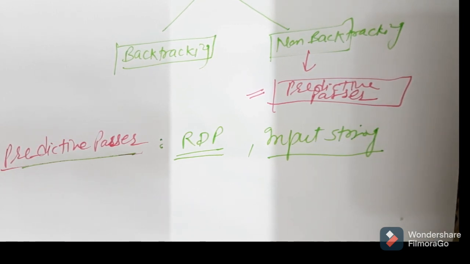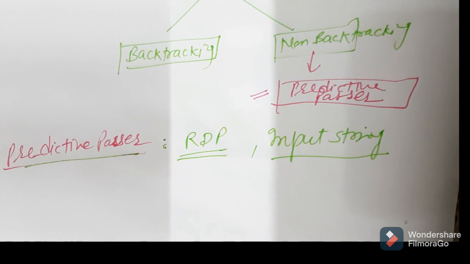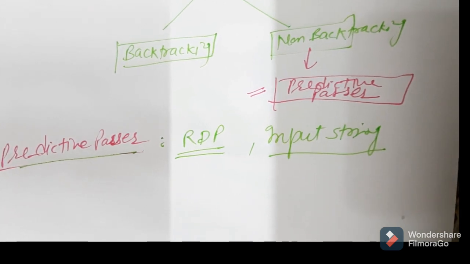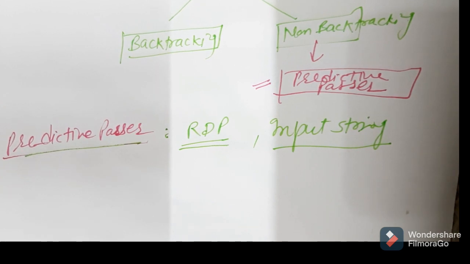The predictive parser, as I have told, does not suffer backtracking. As we know, backtracking is very expensive, so we should avoid this, and that's why we go for another option, that is non-backtracking, and predictive parser is one of the non-backtracking parsers.